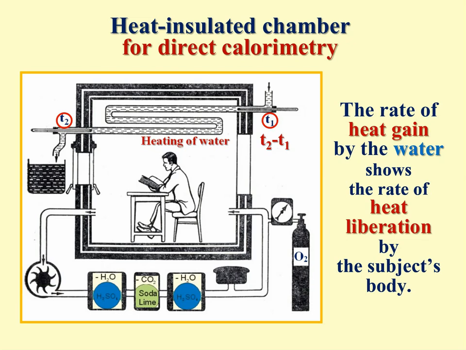And also you see that air goes out and passes through devices which eliminate excess of CO2 and excess of water vapors. So the air composition in the chamber is constant and does not change due to the breathing activity of the person.